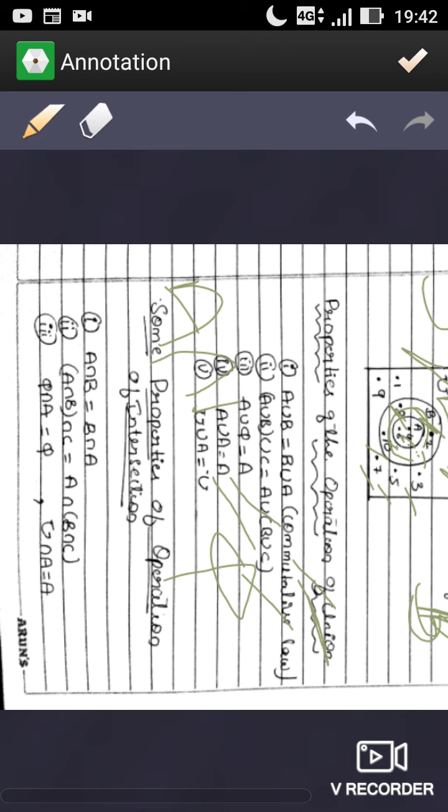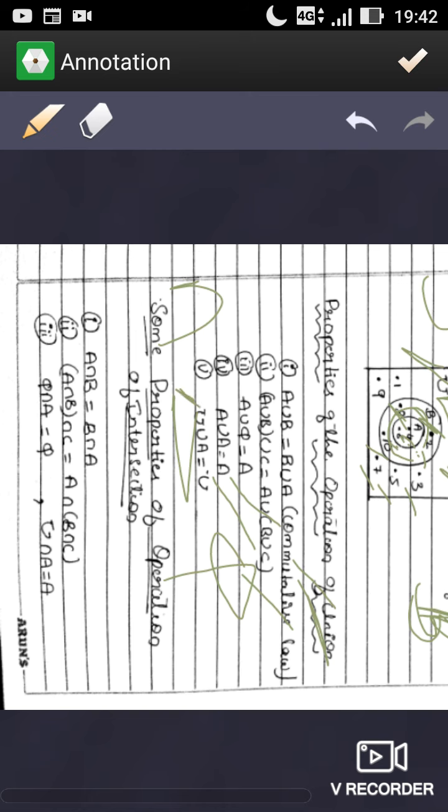A union A is also A, means the same. If you take the same set union, we get the same set. Here this is the universal set. Union A is equal to, again we get the universal set. Which one is the bigger set?